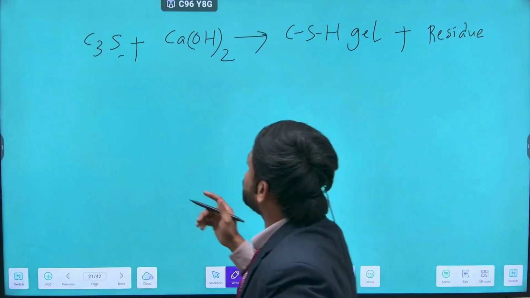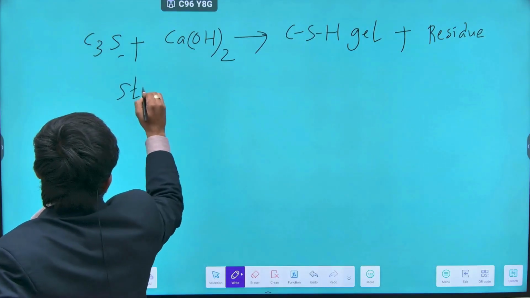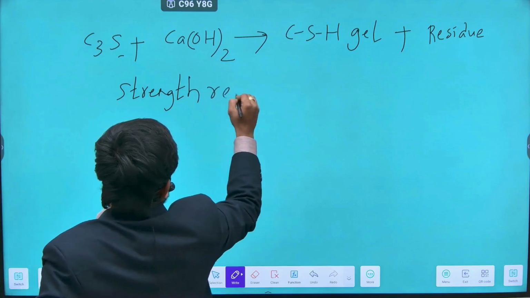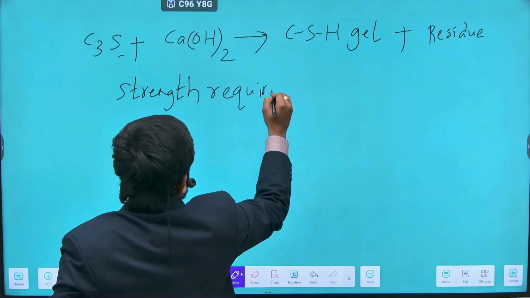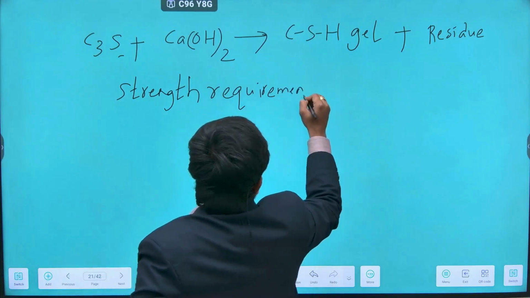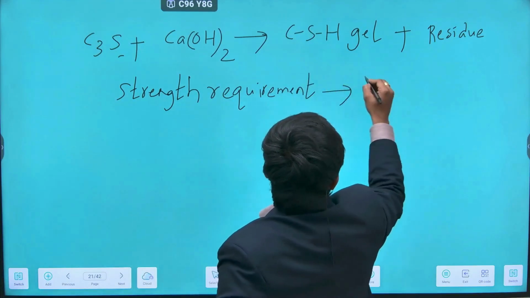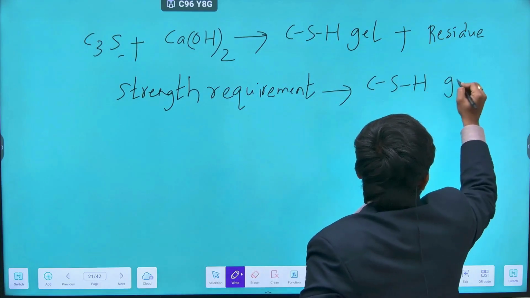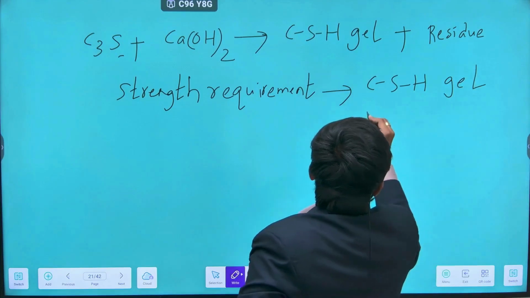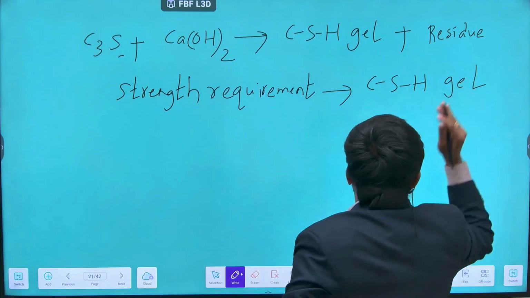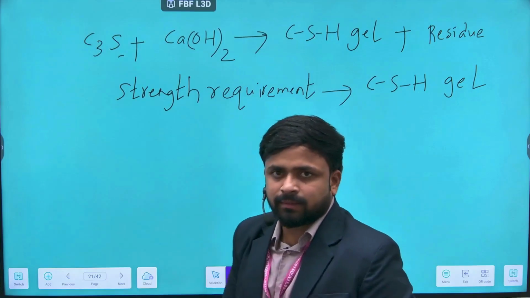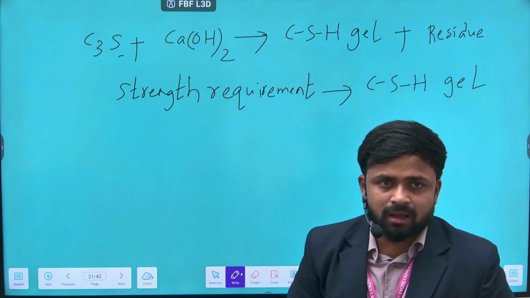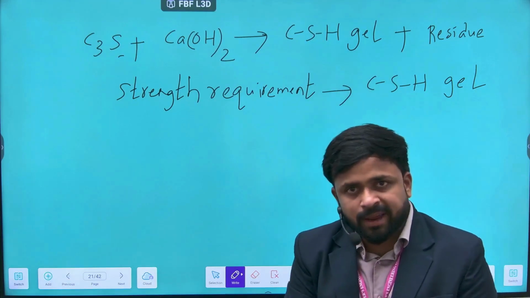Okay, so for the strength requirement, we are talking about strength. So how is strength achieved? This is due to the formation of CSH gel, which is nothing but calcium silicate hydrate gel. If you are adding water to the concrete after completion of the structure, the purpose of curing is also similar.